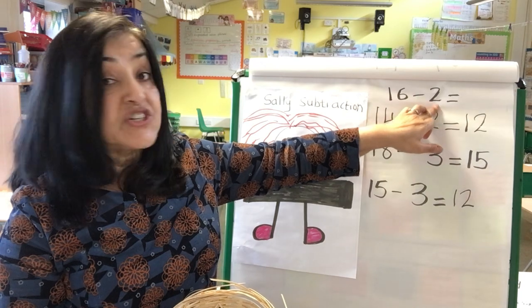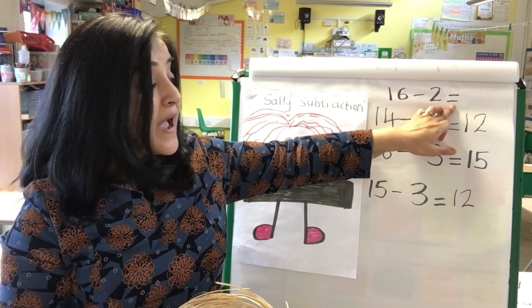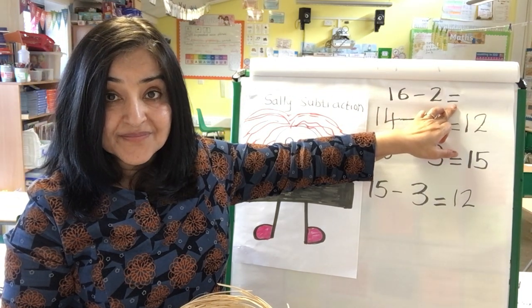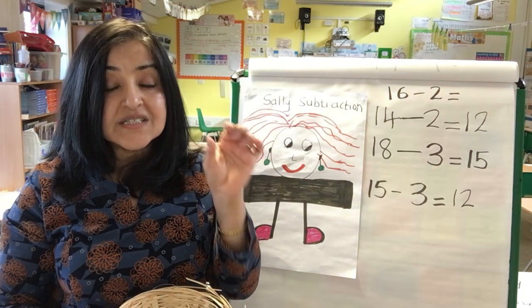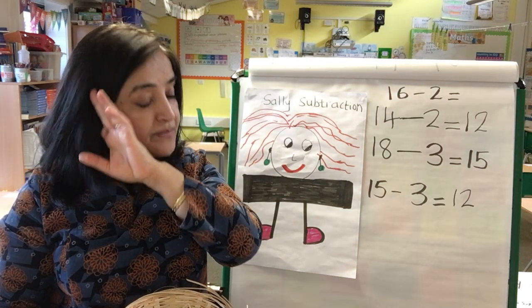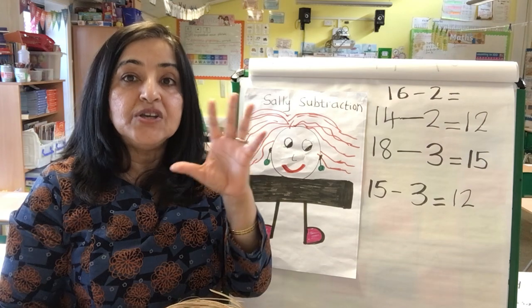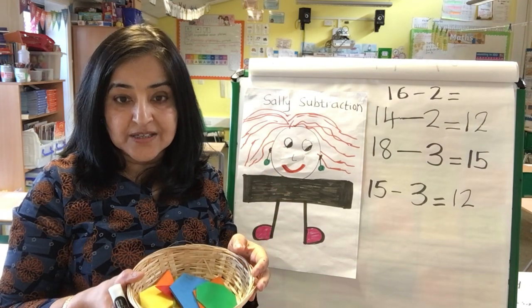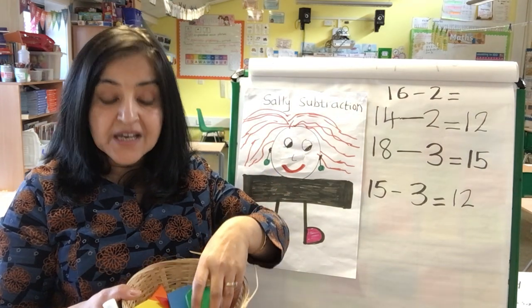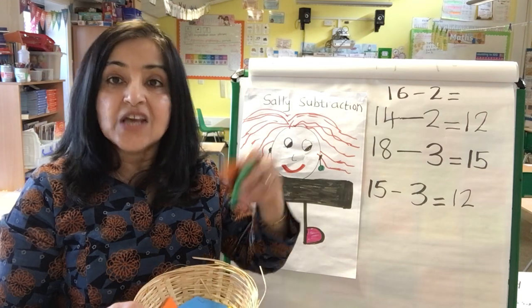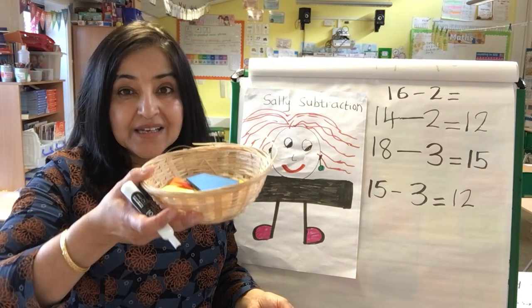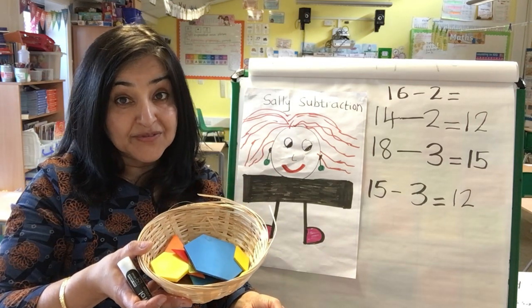Then, take 2 away. How many are you left with? But this first lesson today, grown-ups, is all about using practical objects so that your child is physically taking something away and then counting how many we've got left.